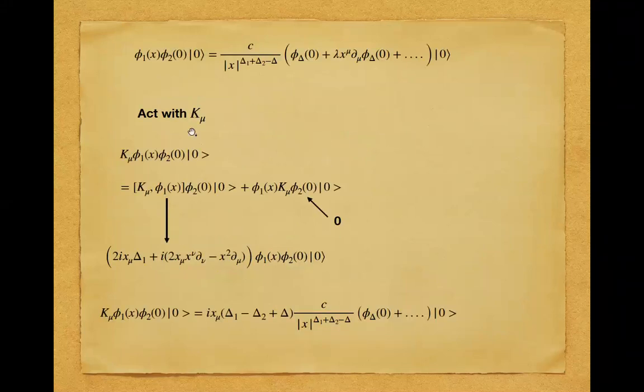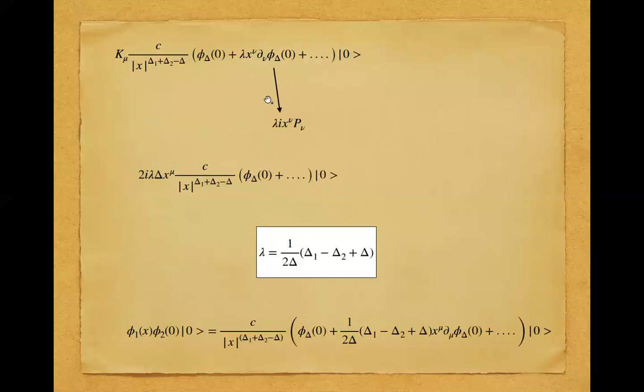Now you can act with K-mu and follow the same algebra that we did above. Just here you have to use the fact that the commutator of K-mu with phi 1 is a little more complicated. And when K-mu acts on phi 2, since phi 2 is a primary of your theory, this will just give you 0. You can compute this in a similar way from the left-hand side.